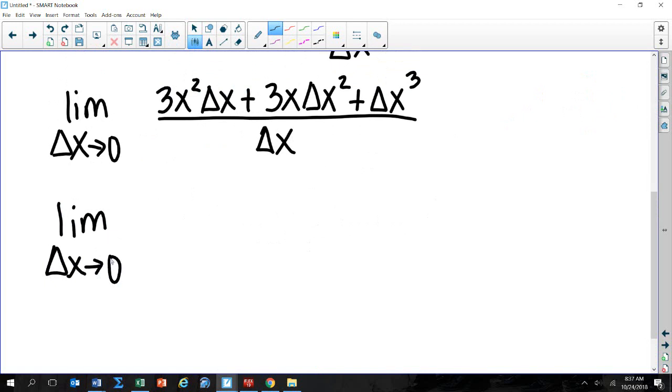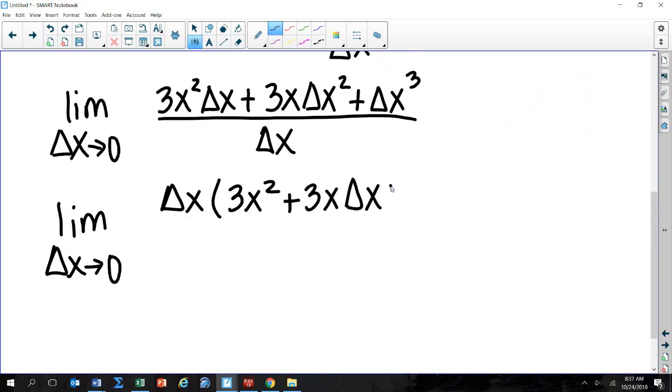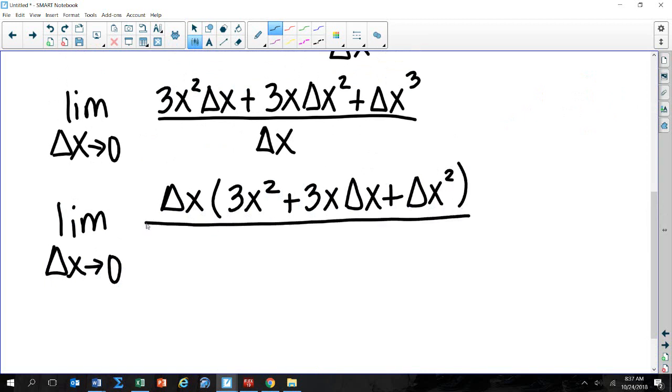Okay, so I'm going to show this where I factor out the delta x in the numerator, just a GCF. This is what I would have left inside the parentheses. See how now I have multiplication here? Once I have two factors being multiplied together, I can cancel one for one. This is what I have left: 3x squared plus 3x delta x plus delta x squared.